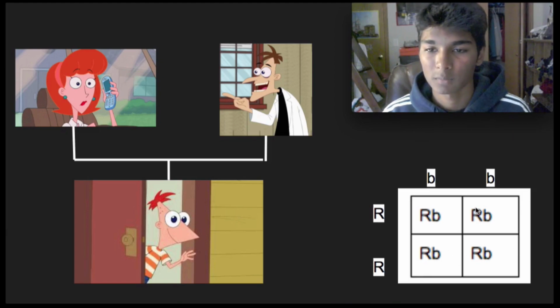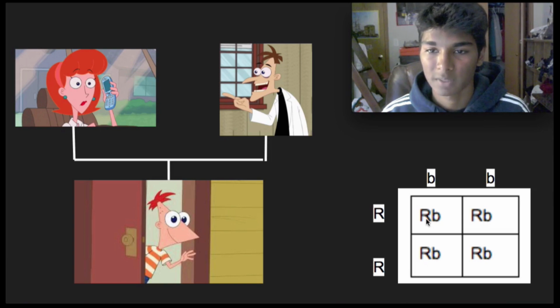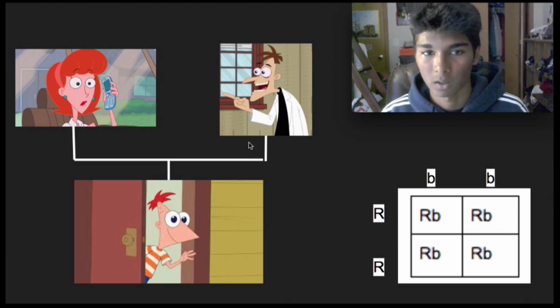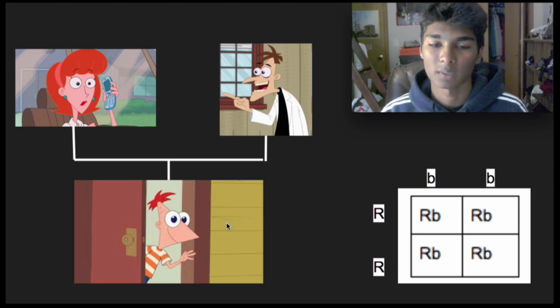When you cross them, you can see that no matter what, the genotype is RB, so that's what Phineas's genotype is going to be. But as you can see, Phineas's hair color is completely red. You don't see any hint of brown at all. It's just completely red, so that tells us that red is completely dominant over brown, and that's how you can tell this is a case of complete dominance.